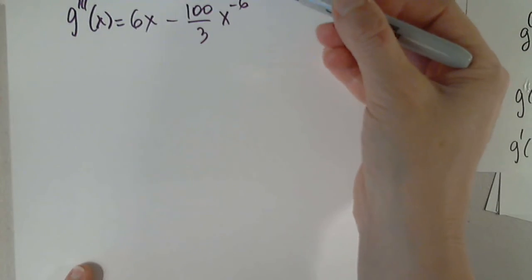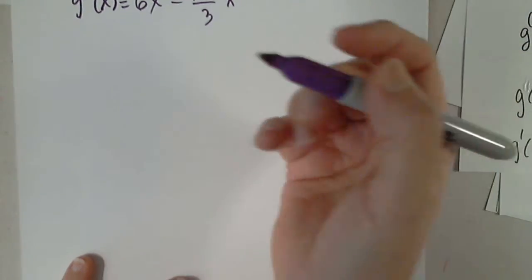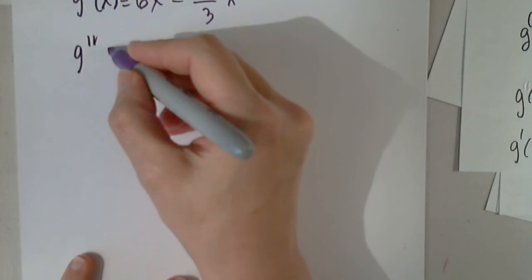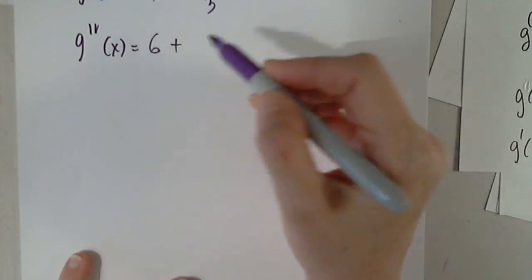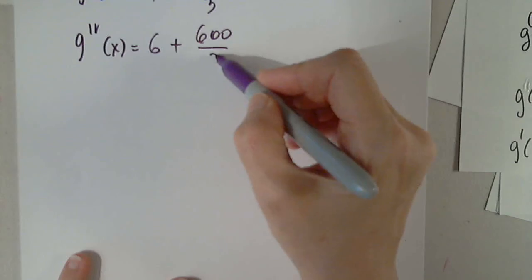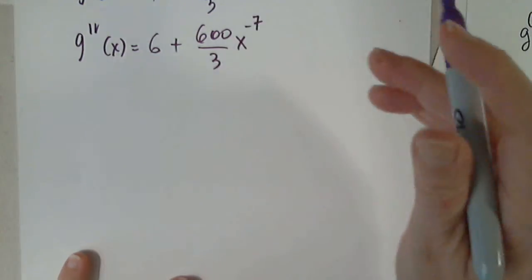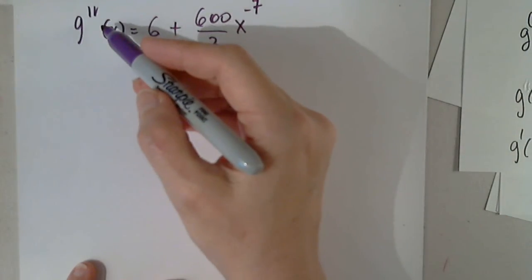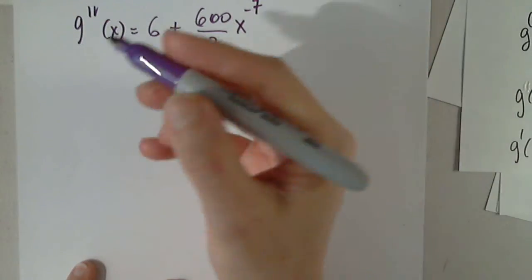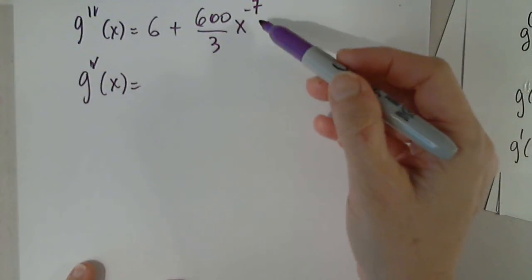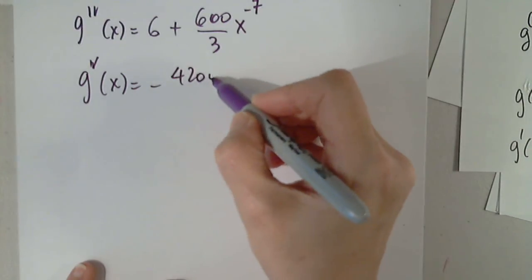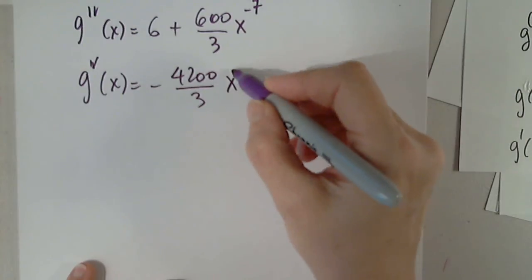because I have to bring down negative 5 and I get negative 100. Now the fourth derivative will be 6 plus 600 over 3 x to negative 7, and that's the fourth. Now they want the sixth. So the fifth now will be negative 4200 over 3 x to negative 8.